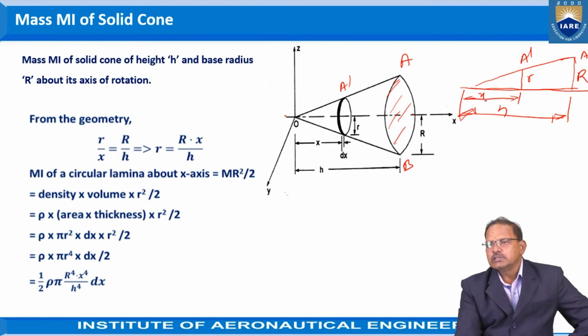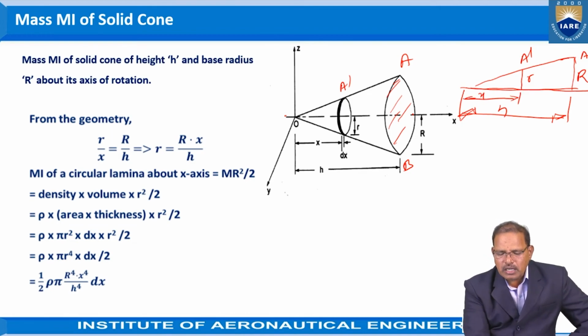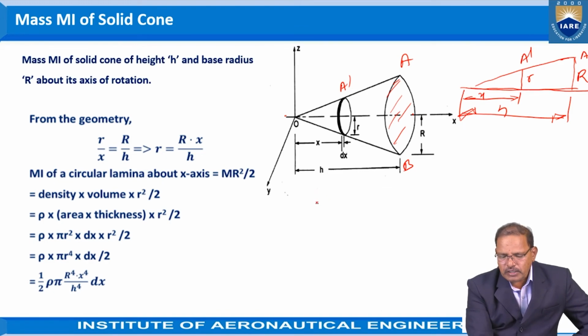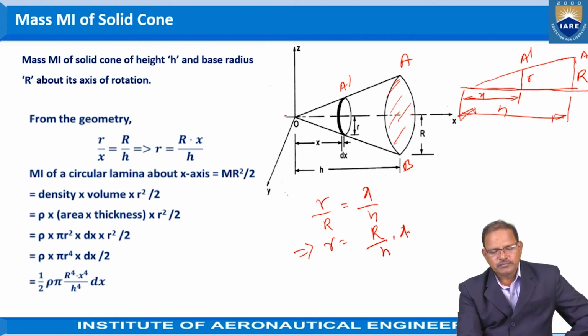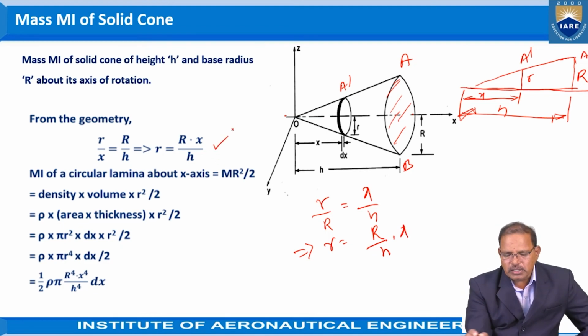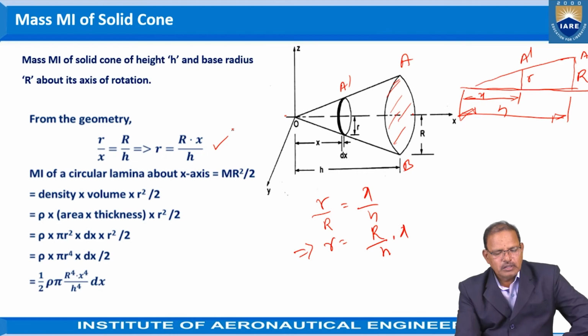These two are similar triangles. That means, according to the figure, we have r by R equal to x by h. From this relation, r is equal to R divided by h into x.